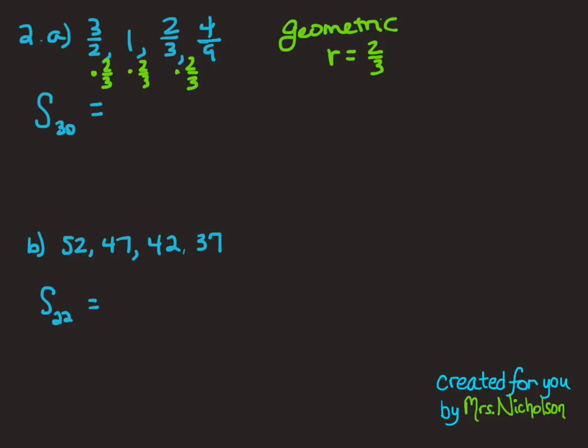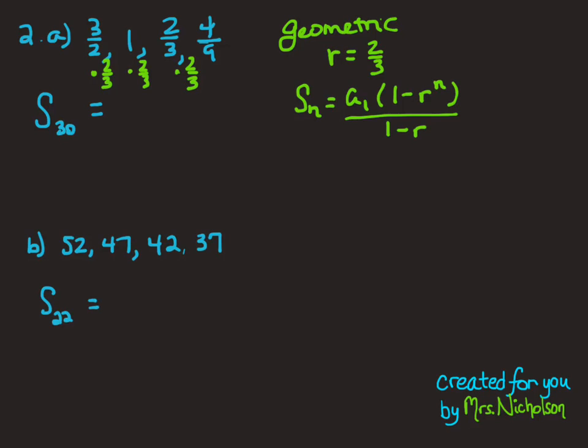Now in class we talked about 2 different ways to find the sum. One way is to use the formula. My formula S sub n is equal to a sub 1, the first term, times 1 minus the common ratio to the nth power, divided by 1 minus the common ratio.